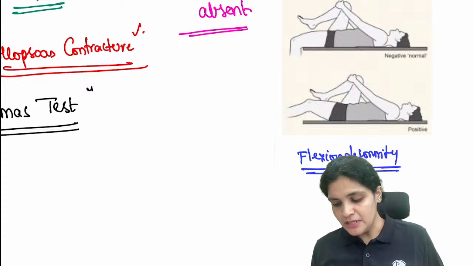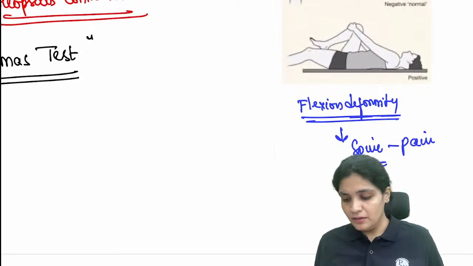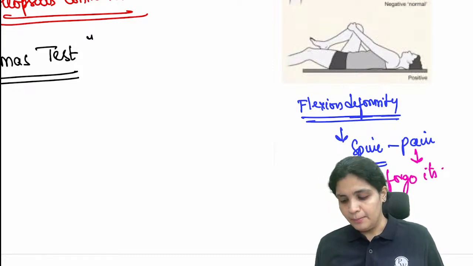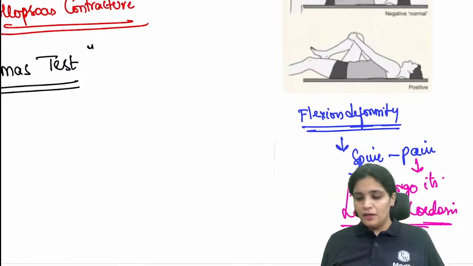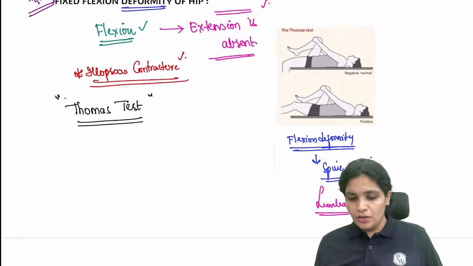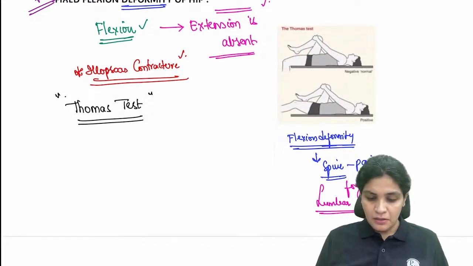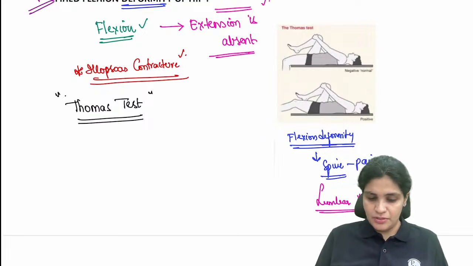So here even though there is a flexion deformity in the hip, what happens is the spine takes the pain and it will forego its lumbar lordosis. Actually not forego, it will exaggerate your lumbar lordosis.